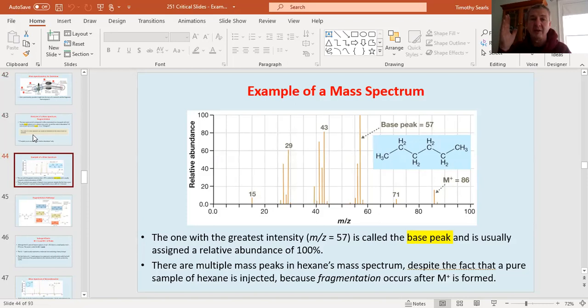And so if you knock off one methyl, you would get 86 minus 15 is 71. Oh, look, there's a 71.